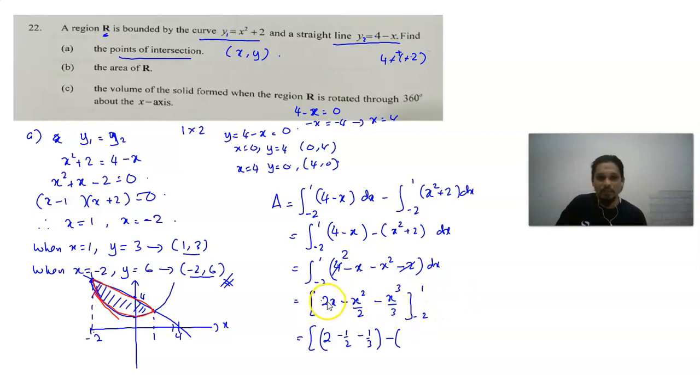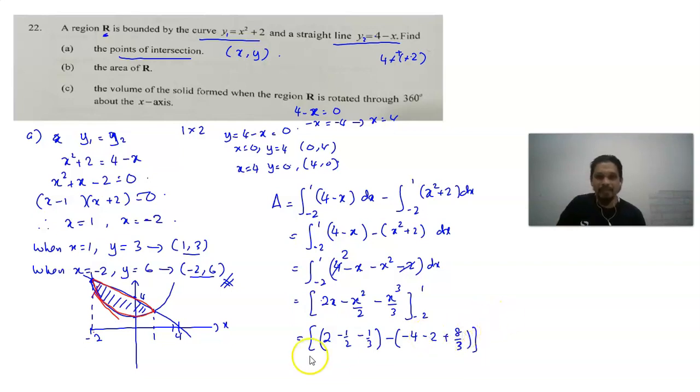Negative 2 times 2 equal to negative 4. Negative 2 squared is 4, 4 divided by 2 equal to 2, with the negative sign, negative 2. Negative 2 cubed is negative 8, negative times negative, positive, so 8 over 3.